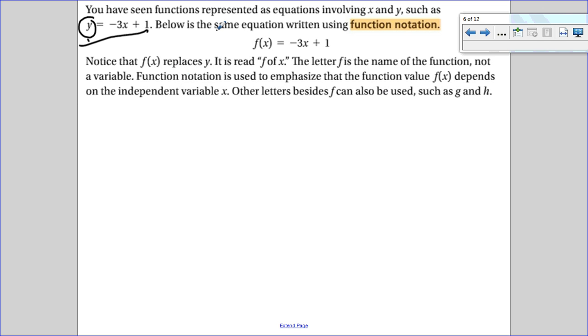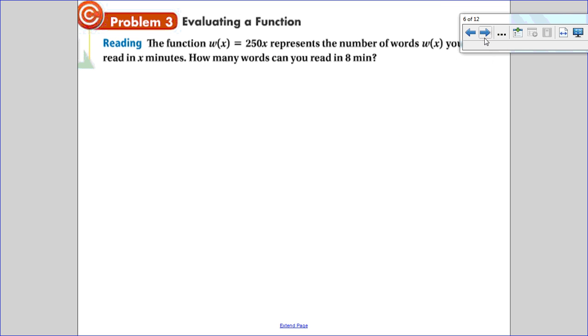The reason they have x in parentheses is because they want to make sure you know that this value depends on the x value, the independent variable. You can use other letters besides f; you can use g, you can use h. It would be a good idea to write all of this down in your notes. It's just a different way of writing.